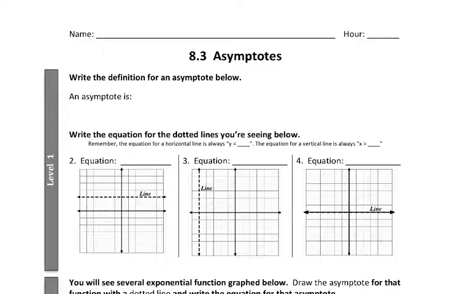Let me say that one more time: an invisible straight line on a graph that curved lines get close to but never touch. If you need to look at the student answer key for this video to make sure you get that, that's great. That's why it's there.